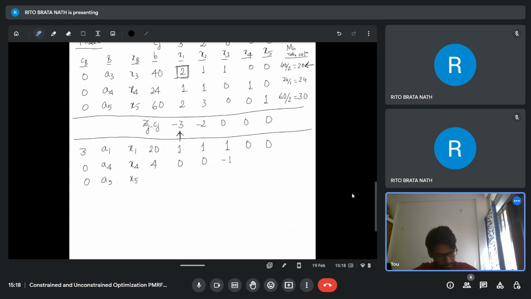Hopefully I've done it correctly. Oh, I have made a mistake. I was dividing everything by 2, so this will be half, half. And now you subtract, right? So now it's 1 minus half, so that will be half. 0 minus half, that's minus half. 1 minus 1, and this will be 0, right?